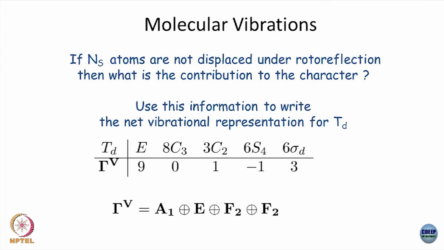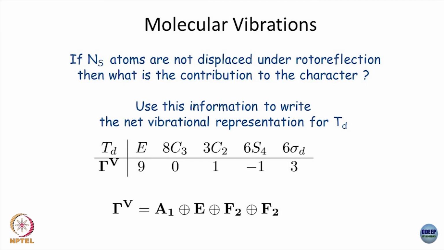C2, you can check how the C2 axis is fixed on the TD plane, okay, and see which atoms are getting displaced, which atoms are not getting displaced, okay, and then you can figure out that this is 1.